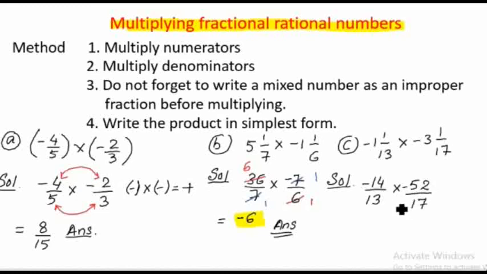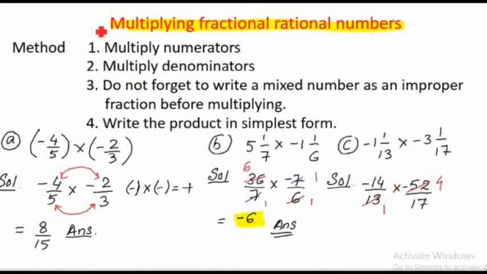Now here we can cancel in table of 13, 52, 13 1 times and 13 4 times is 52.